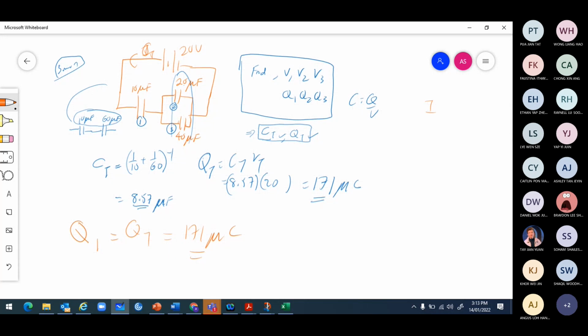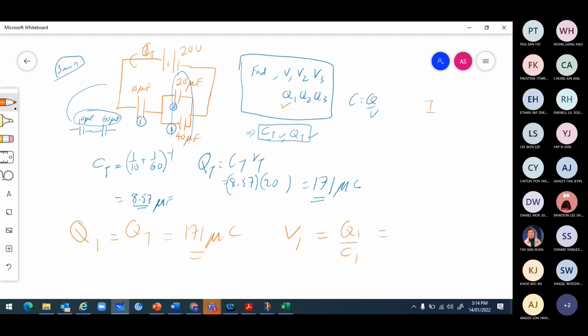After Q1, what can we work out? V1, very good. V1 is Q1 over C1.